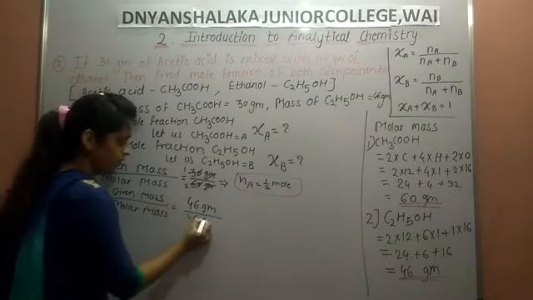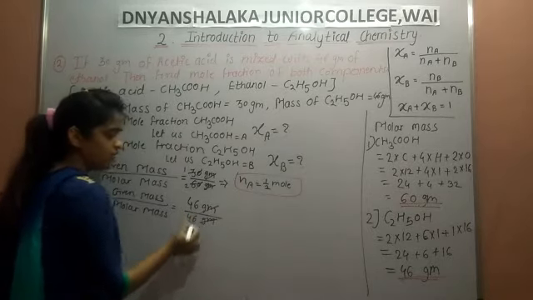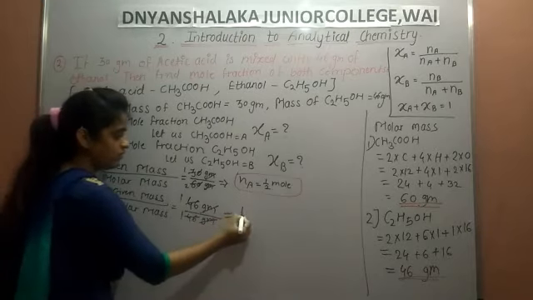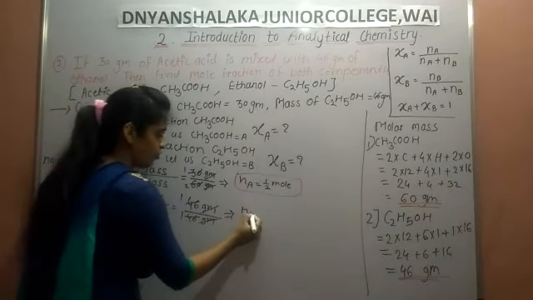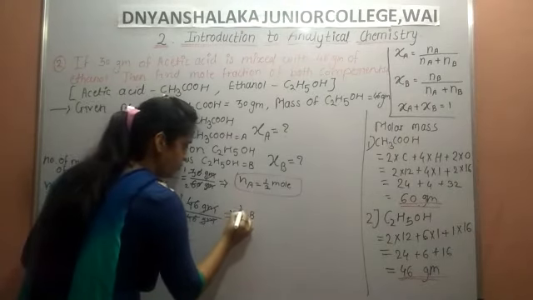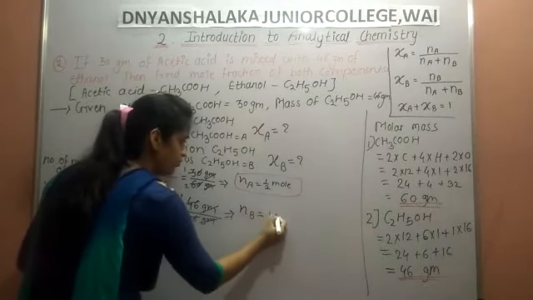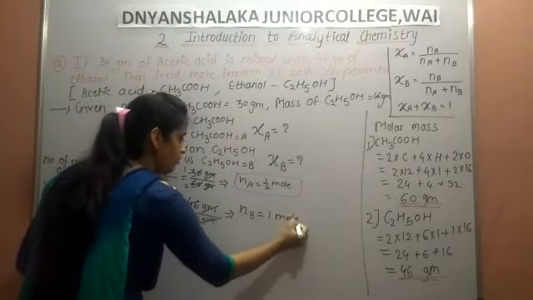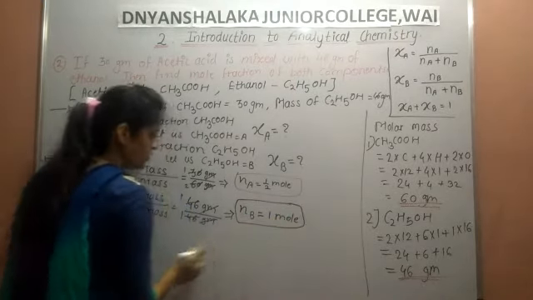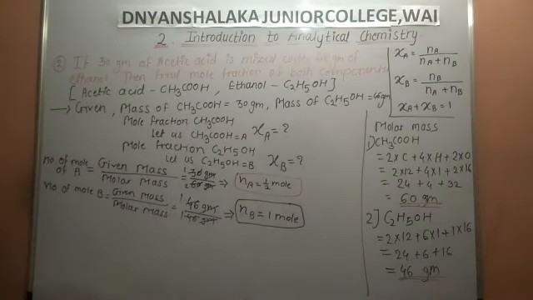So divide by 46 gram. The grams cancel out, 46 ones are 46. So the number of moles of B component, ethyl alcohol, is equal to 1 mole.